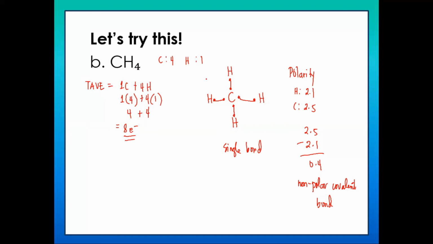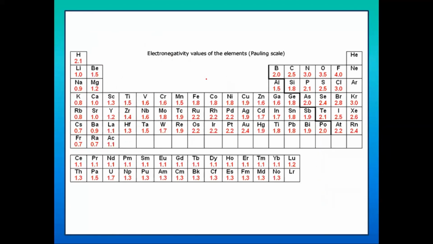Now, let's have the third example. We're going to still use this electronegativity values para mas madali ang ating pag-illustrate at pag-identify ng polarity. So we have your carbon dioxide or your CO sub 2. Okay? So same step, alamin natin ang kanyang total amount of valence electron.